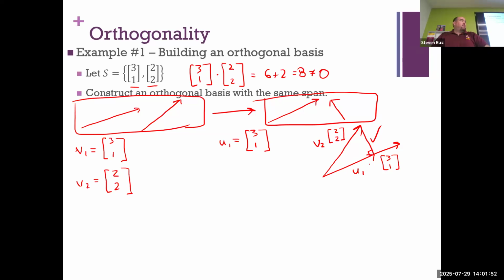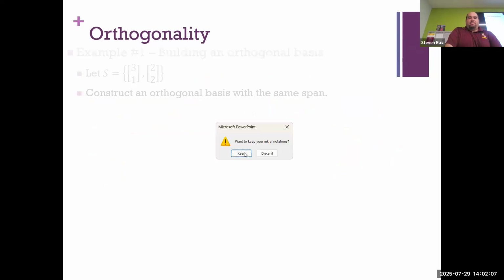Do we remember how to find that? I mean, we literally just did it, but I grant you this is a totally different context. We should go back to the last set of slides.